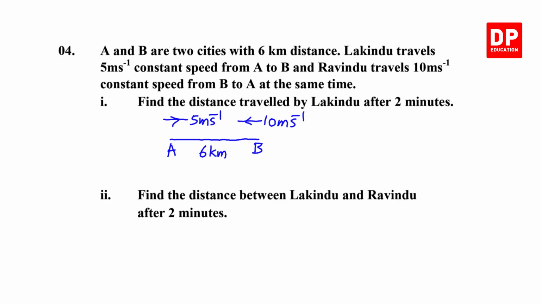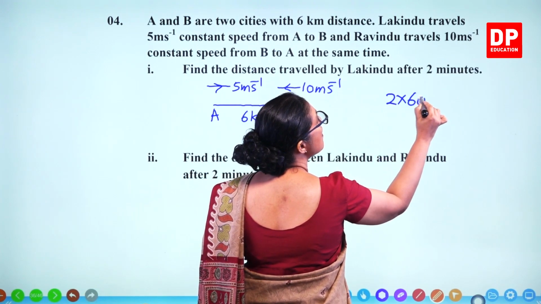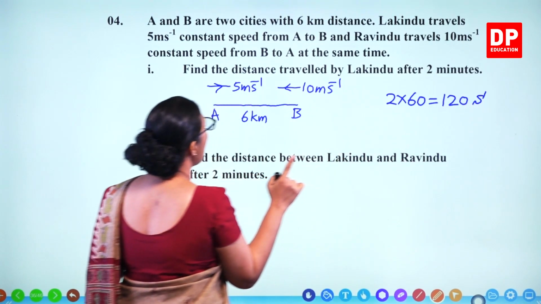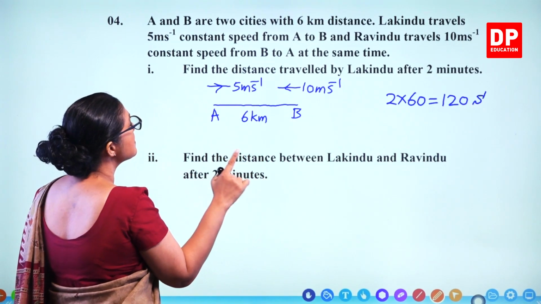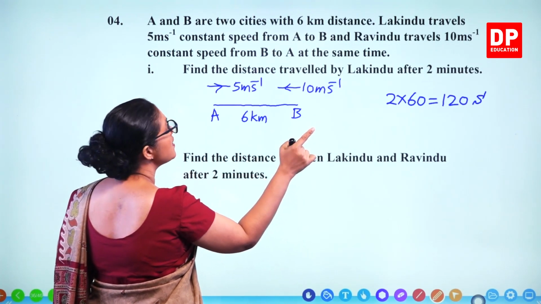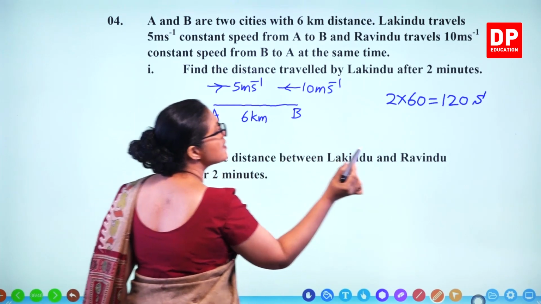Now everything is given in seconds, you have to convert minutes. So within 2 minutes means how many seconds? 2 times 60, that's 120 seconds. So we have to find out what's the distance traveled by Lakindu after 2 minutes. That means 120 seconds. So what's distance?